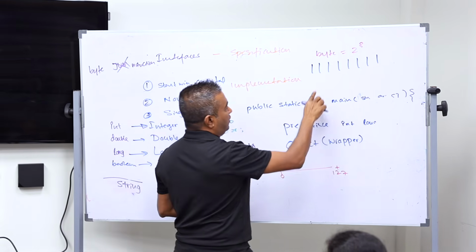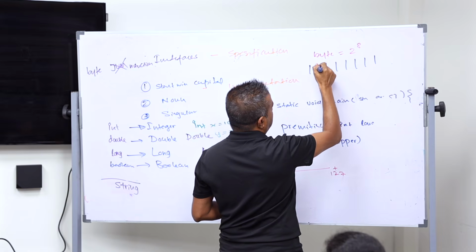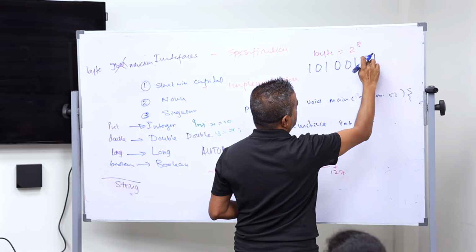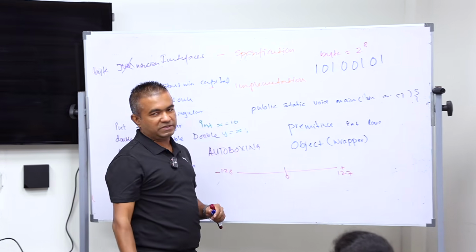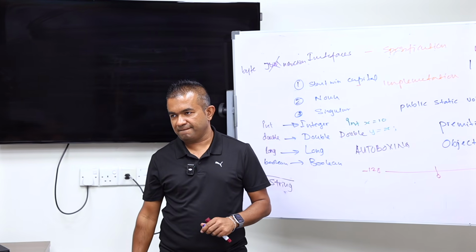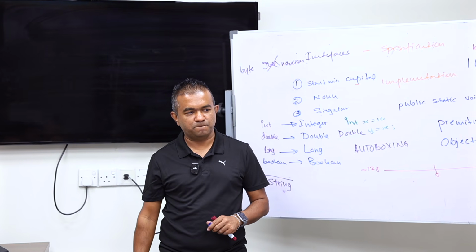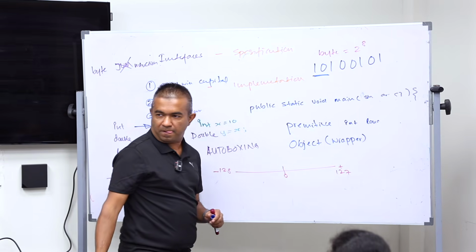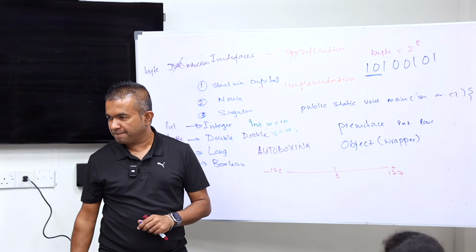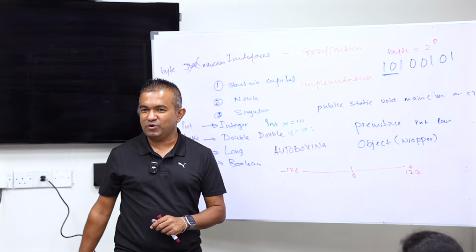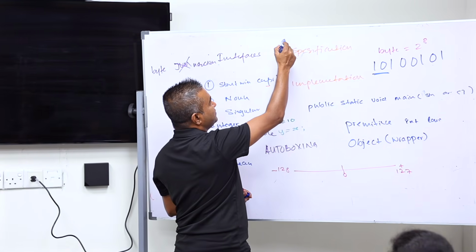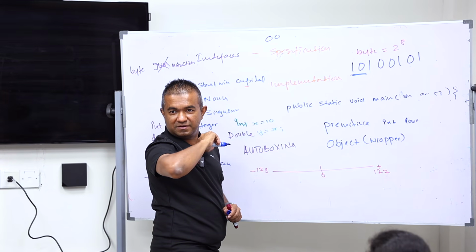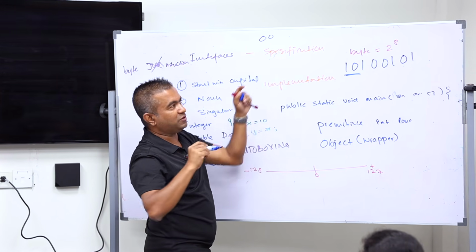So, now if you get something like this, what is the value? What is the value of this? 10 means? Do I need to teach you the binaries? What is this one? Talk. What is the value of this? 0. This?